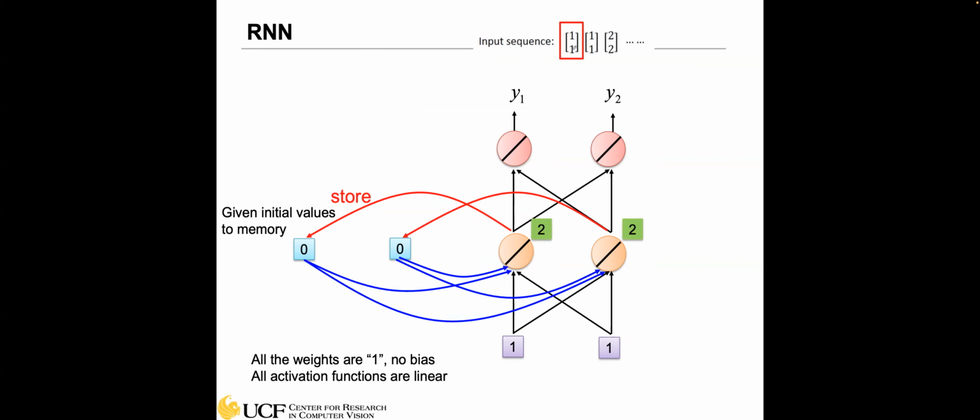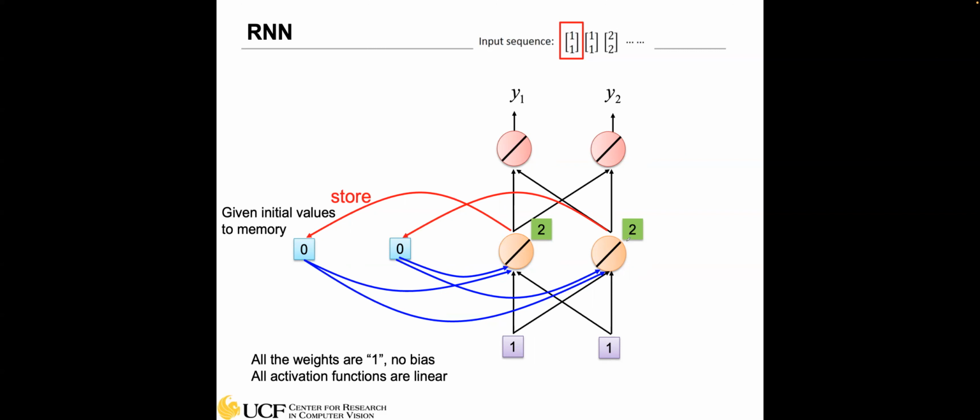For the first input, we have the vector 1, 1. We go through the hidden layer, and the output will be 2. Why is that? Because 1 plus 1, and the memory is 0, and 0 multiplied by 1 is 0, so adding 0 changes nothing.